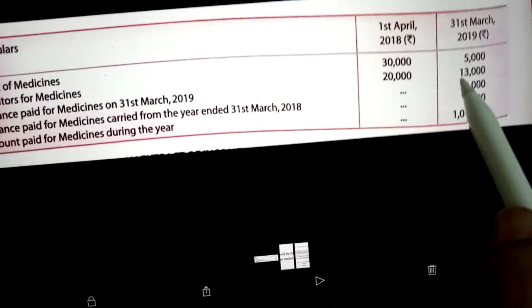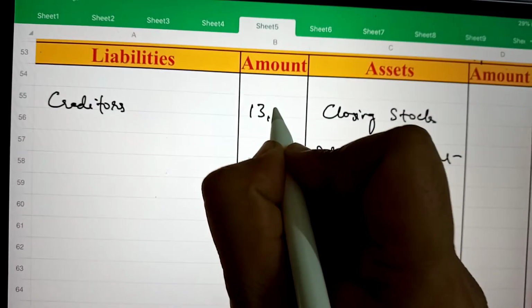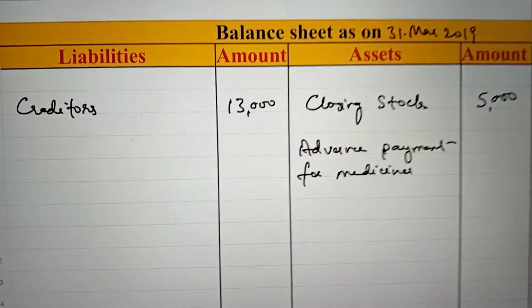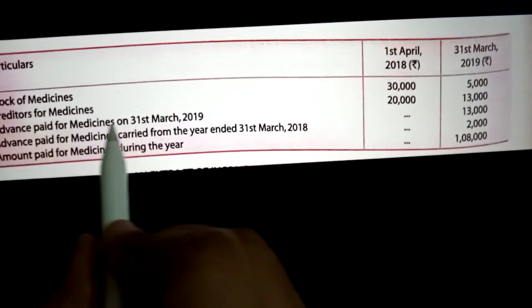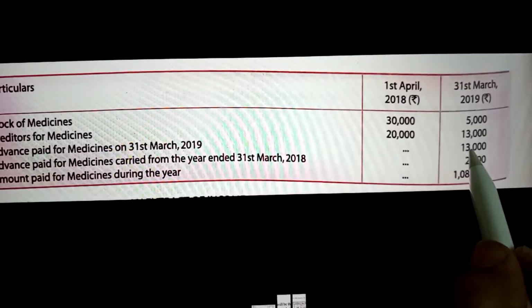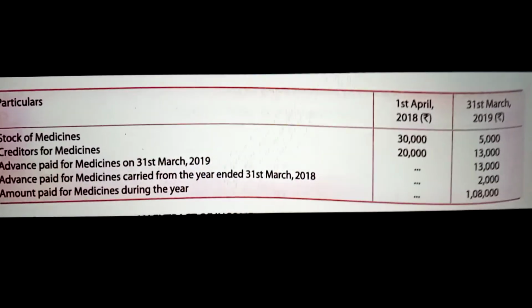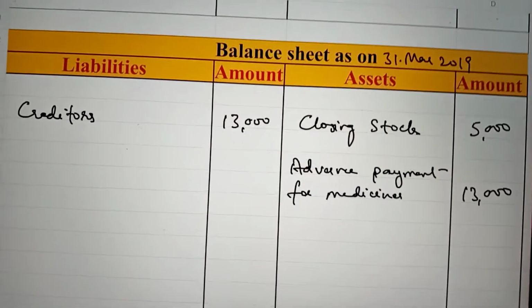So closing creditors are 13,000 and closing stock is 5,000. Creditors 13,000 and stock is 5,000, and the advance payment for medicines for next year, this is the payment for next year, it is 13,000. 13,000 will be written under the asset side.